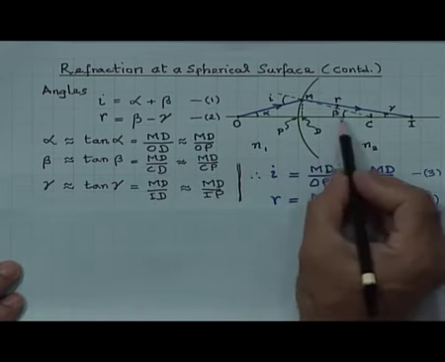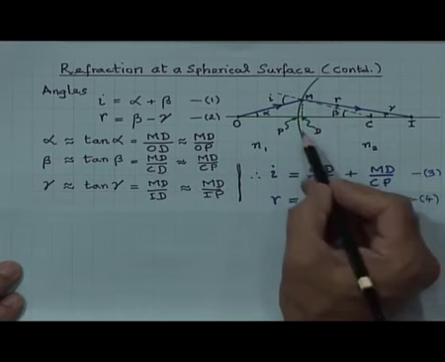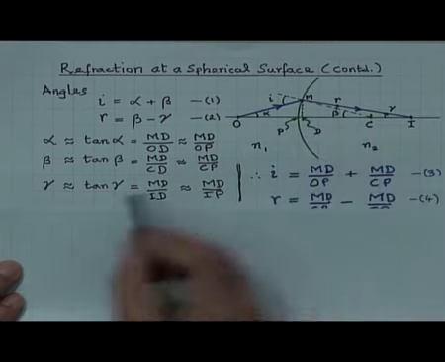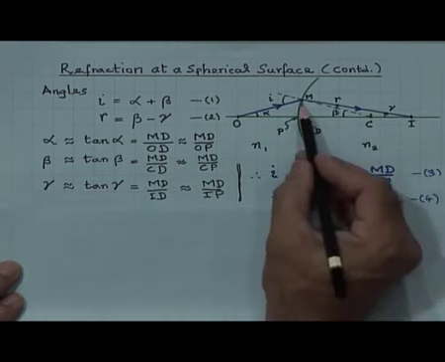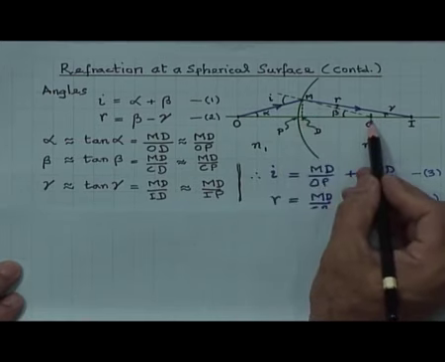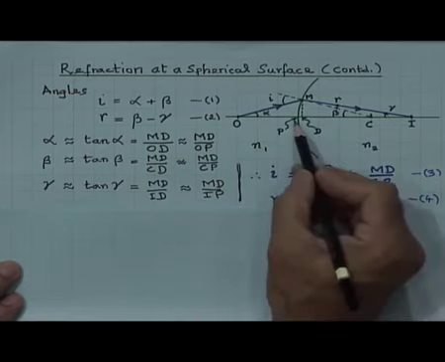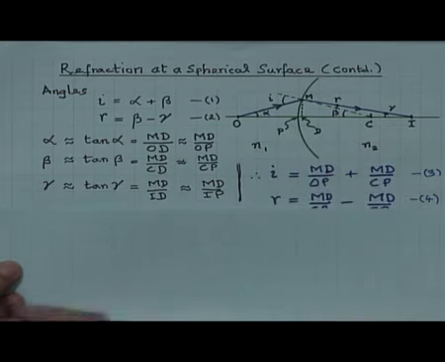Exactly like that, for this angle, if you look at the triangle MDC, tan beta nearly equal to beta is equal to MD divided by CD, and as before, we are approximating CD by CP, because CP is exactly the radius of curvature. That is why we are making this approximation.